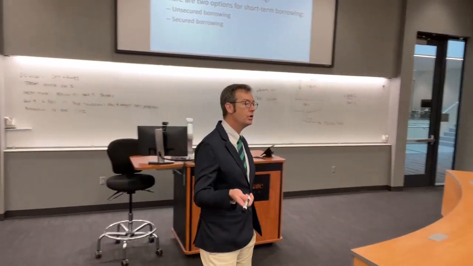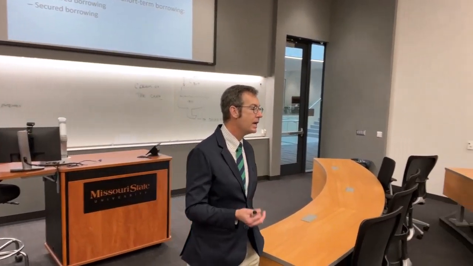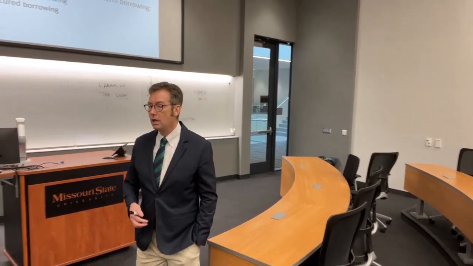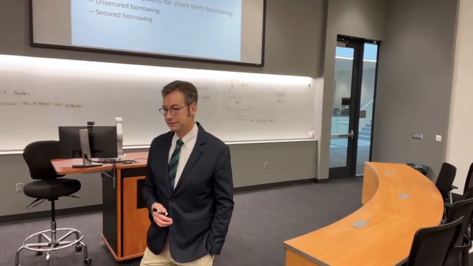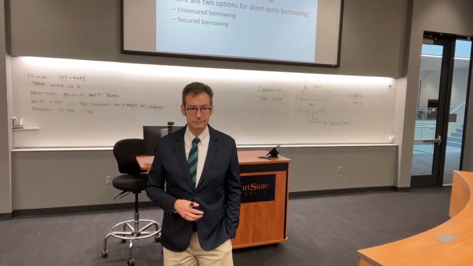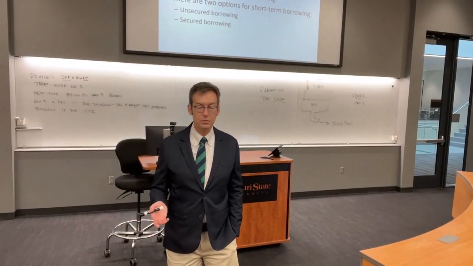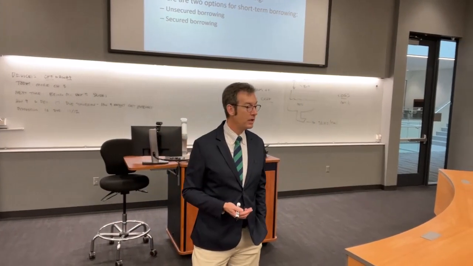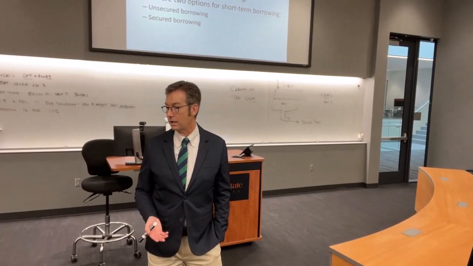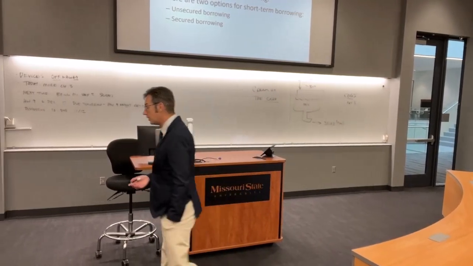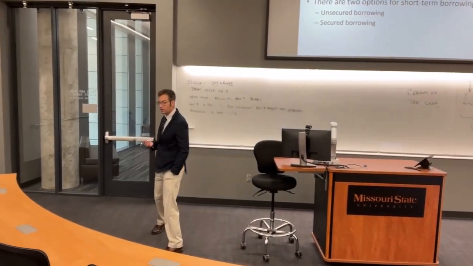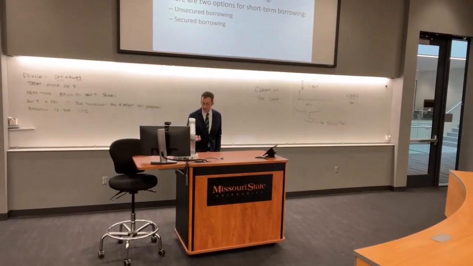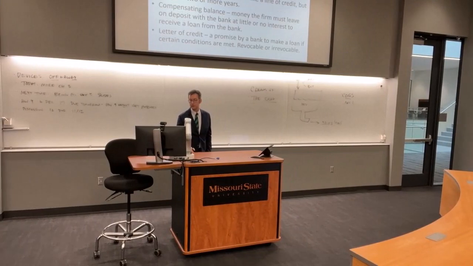If you don't pay, then I can take something. That's secured borrowing. What's unsecured borrowing? Yeah, there's no collateral. This is what our government does, by the way, right? And there's no collateral. If they don't pay, you can't take Arkansas. It doesn't work that way. Okay, so we've got unsecured borrowing and secured borrowing. Which one do you think has a higher interest rate? Unsecured has to because it's riskier.